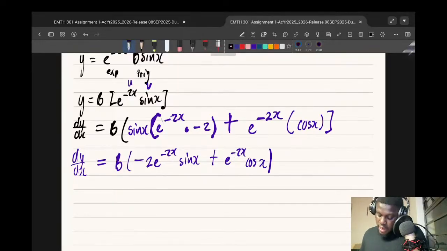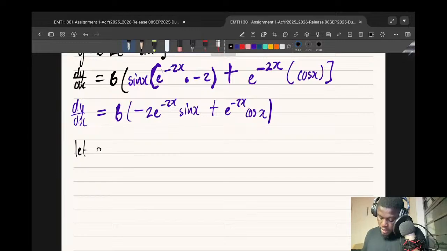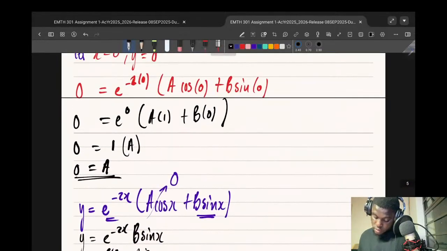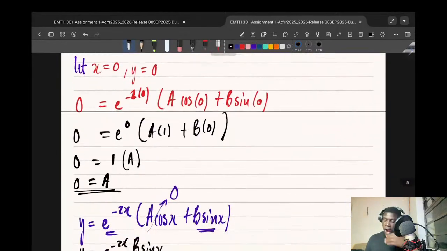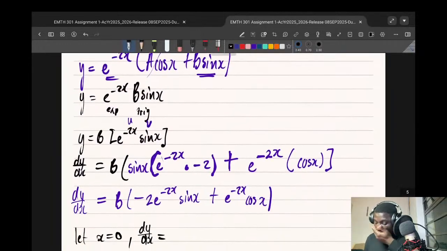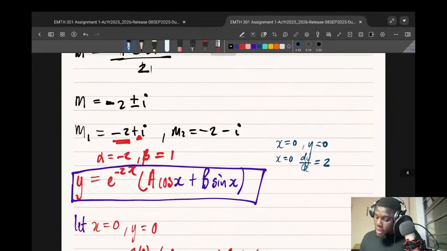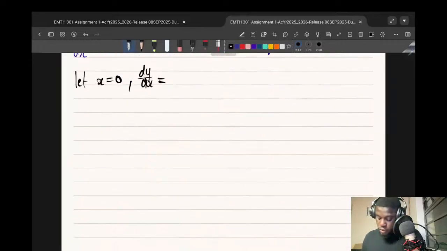Now we say let x equal to 0. They said when x is 0, dy dx is 2. So we're going to put 2 for dy dx.